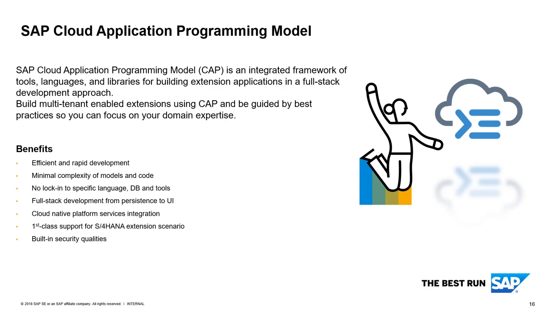It is mainly about topics like security, localization, domain modeling, languages, libraries, and tools. CAP, as it is called shortly, supports you in developing enterprise-grade services and applications in a secure way because it has built-in security qualities.